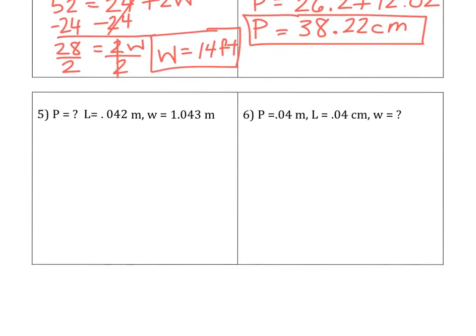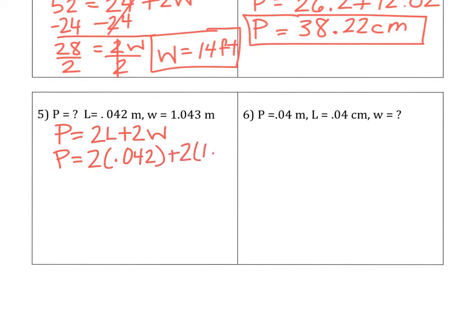Example number 5. We have our same thing. We're going to have our perimeter equals 2L plus 2W. We don't know what our perimeter is. We are going to plug in our length, which is 0.042 meters, plus our width, which is 1.043 meters.